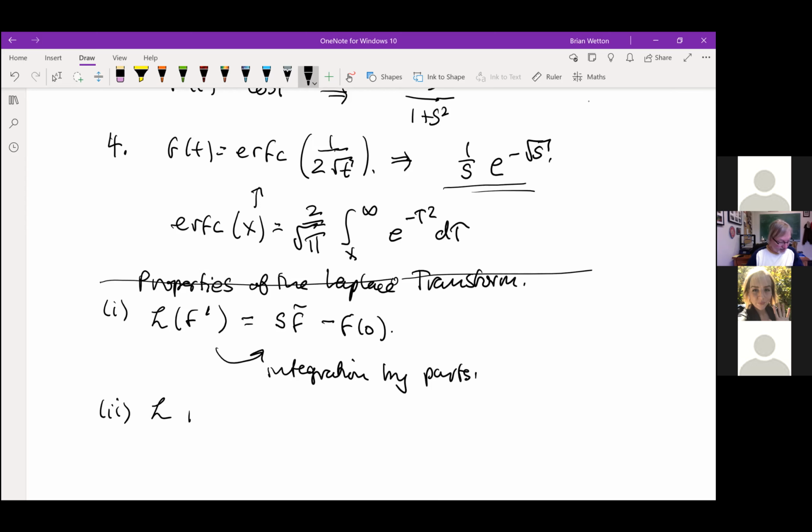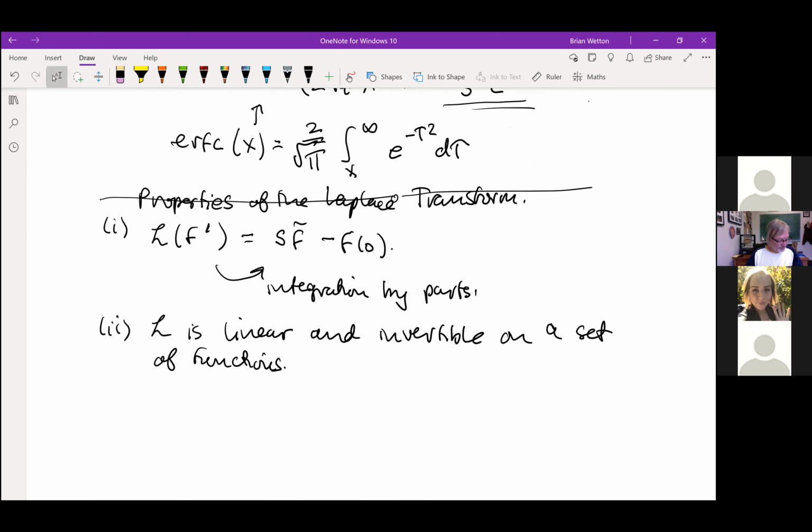So L is linear and I'll say invertible on a set of functions, which I'll leave somewhat ill-defined. And again, I've got this same thing going on as with the Fourier transform.